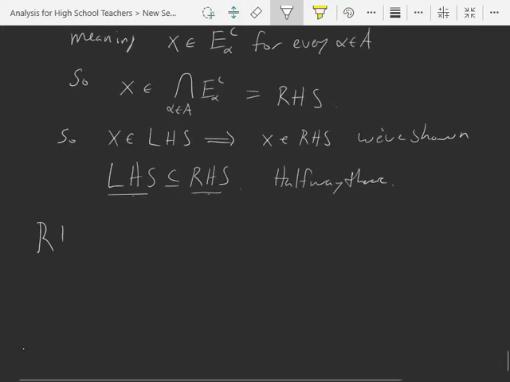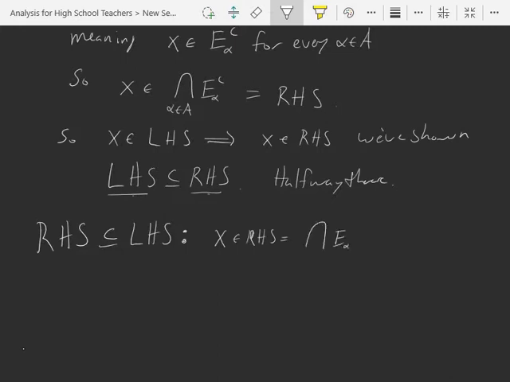So now let's take the right-hand side and show it's contained in the left-hand side. Okay, so we're going to take an arbitrary element of the right-hand side, and the right-hand side is the intersection of E sub alpha complement.